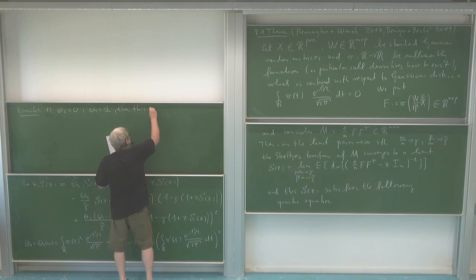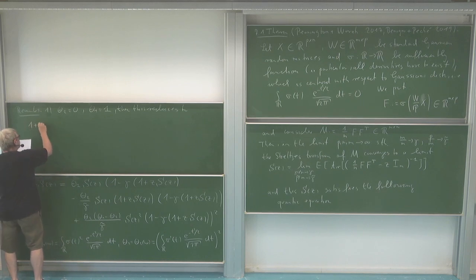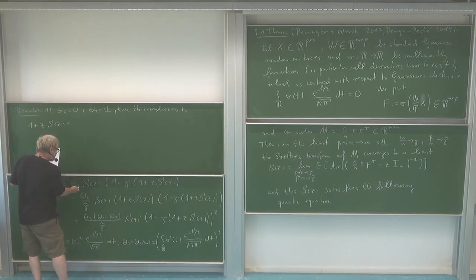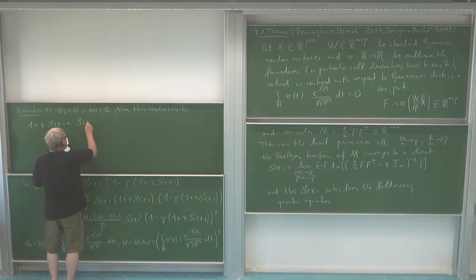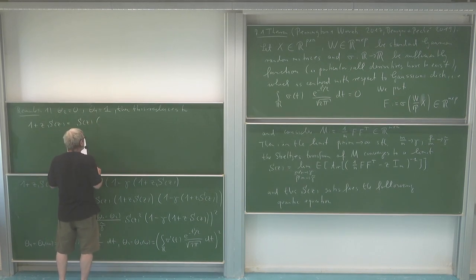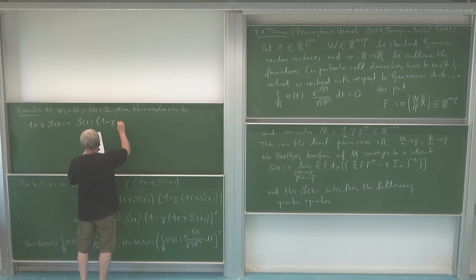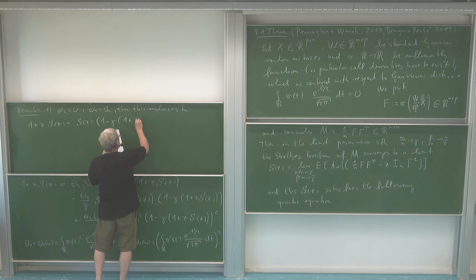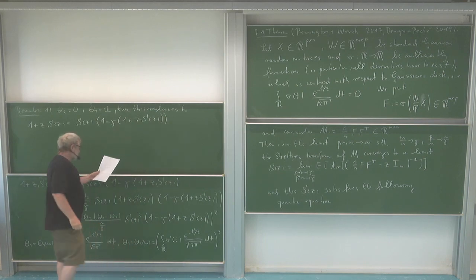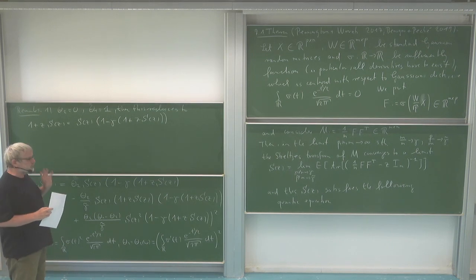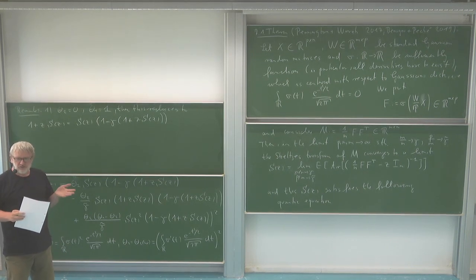this reduces to what? To just the equation 1 plus z S of z times 1 minus gamma times 1 plus z S of z. If you look a little bit closer at this, you will realize that this is actually the equation of our Marchenko-Pastur situation.